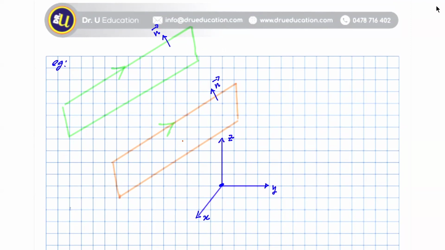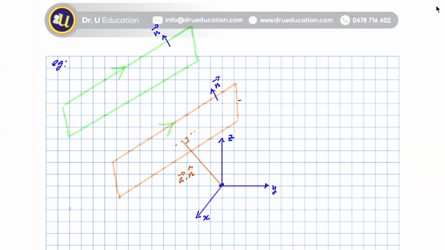Now, if you make a line like this, which is perpendicular to this surface, this is your A dot n vector, or maybe you can say A dot n hat.